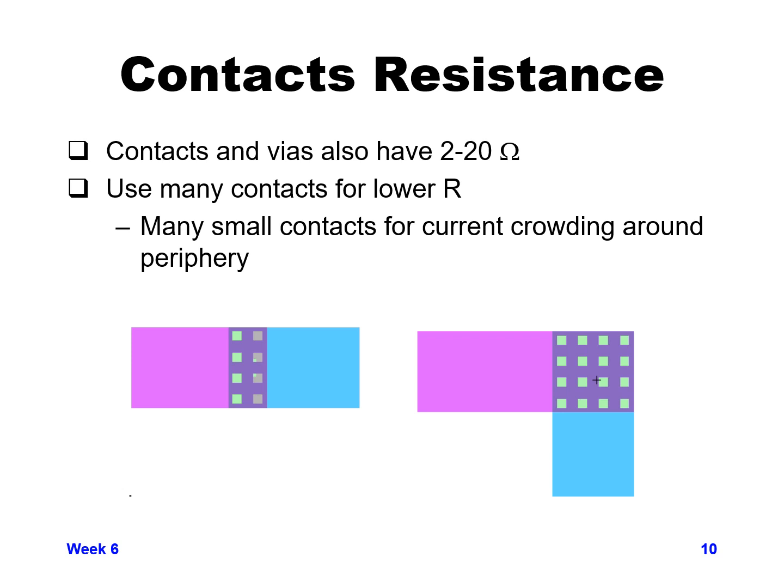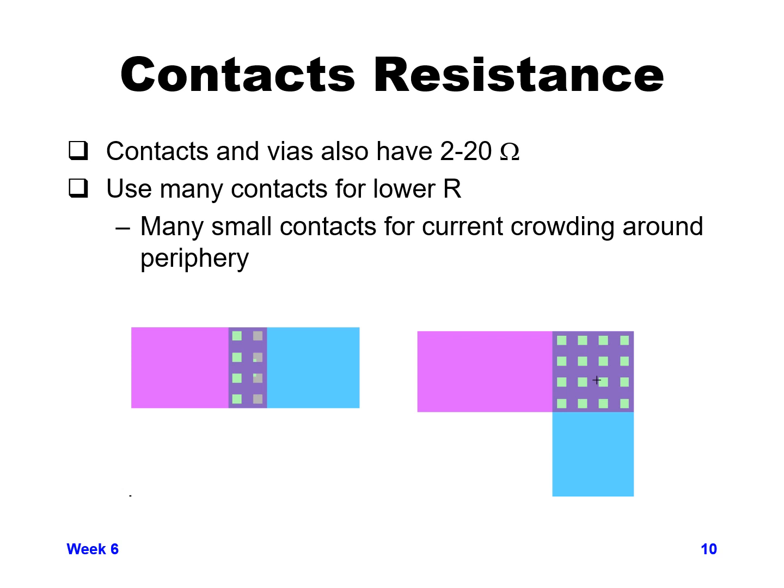If we're going between a metal and the transistor, we call that contacts. If we're going between metal and another metal layer, we call that vias. So these contacts and vias have their own amount of resistance per contact or via.